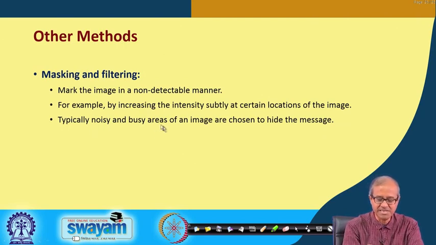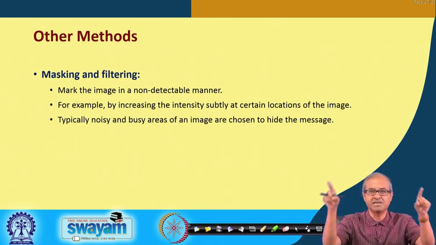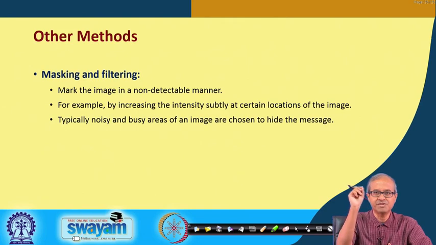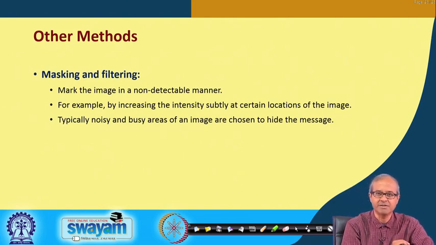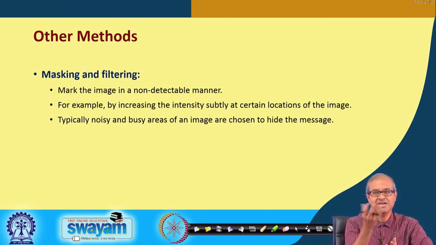Usually the busy areas of an image, see there may be some part which is the same color, like the sky is totally blue, do not modify that part, because even a small modification can be easily visible. But there is a house, there is a man, there is a flower, a lot of things are there. If you make some small changes there, it will not be easily visible. So, here we talk about that.